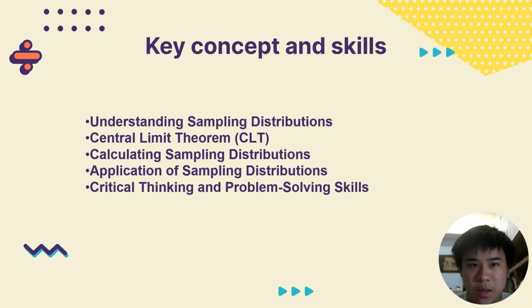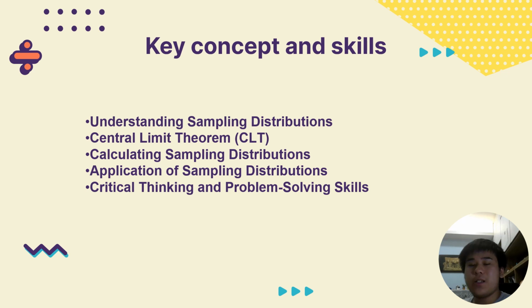Last but not least, critical thinking and problem-solving skills. Throughout this unit, you'll develop critical thinking skills by applying statistical concepts to real-world scenarios, because that's the whole point of statistics, to apply this knowledge to face real-world problems.